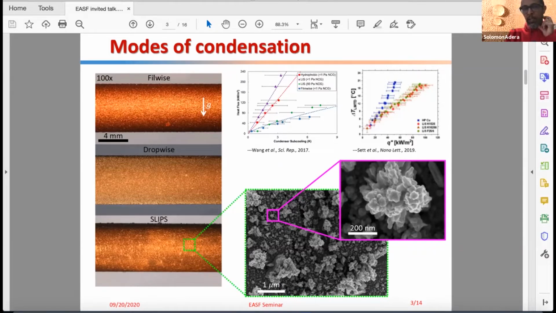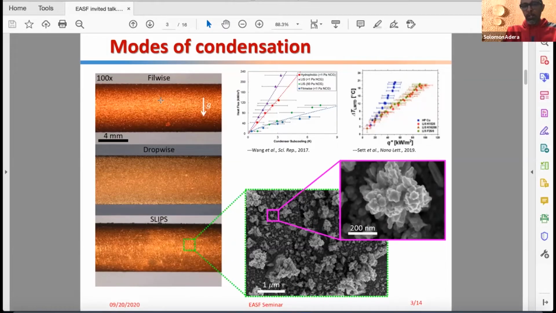Broadly speaking, there are two modes of condensation. This is what I had the video for. When the surface is hydrophilic, due to the high surface energy of common heat transfer metals such as copper, aluminum, stainless steel, and nickel, the vapor condenses by forming a continuous liquid film, commonly referred to as film-wise condensation.